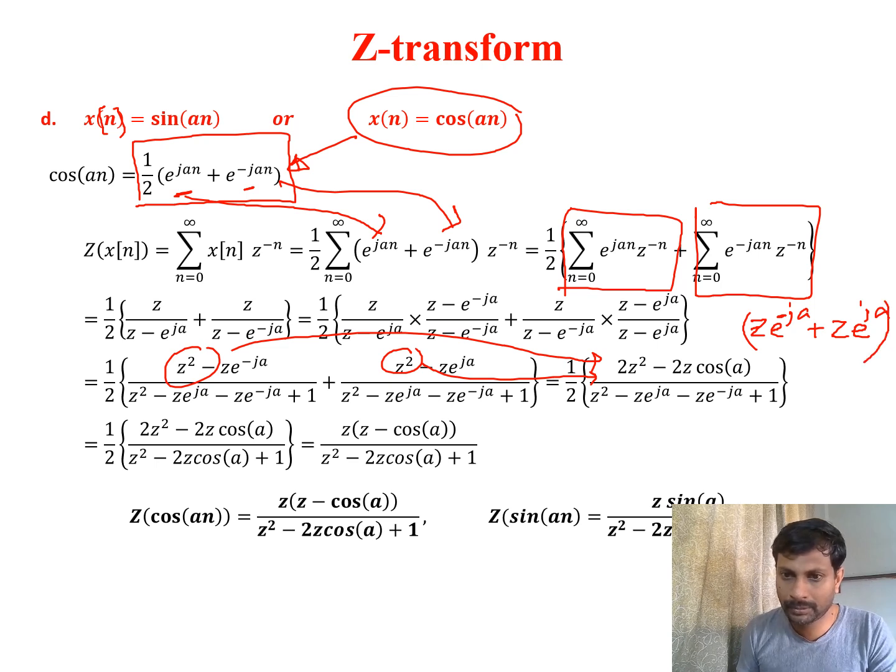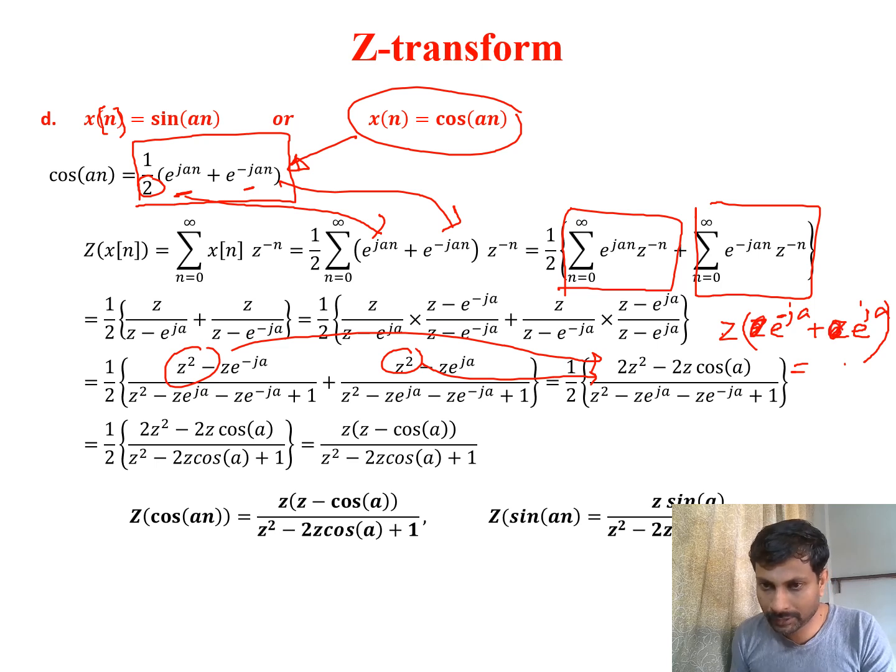This is similar to this one, but we have a half term over here. Taking z common, this term is actually 2 cos a, and you replace it with z. So we get minus 2z cos a.